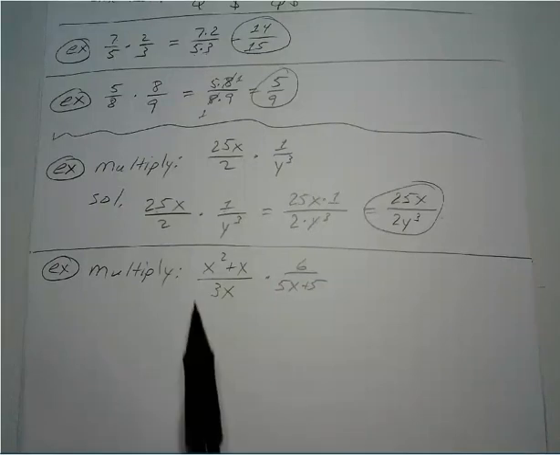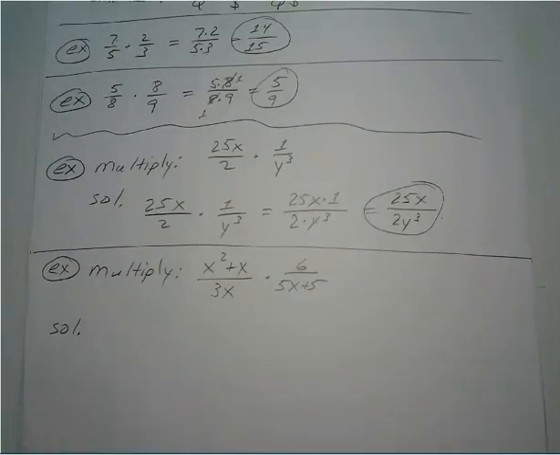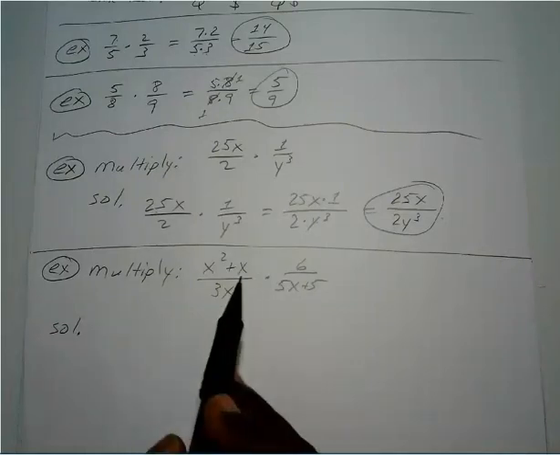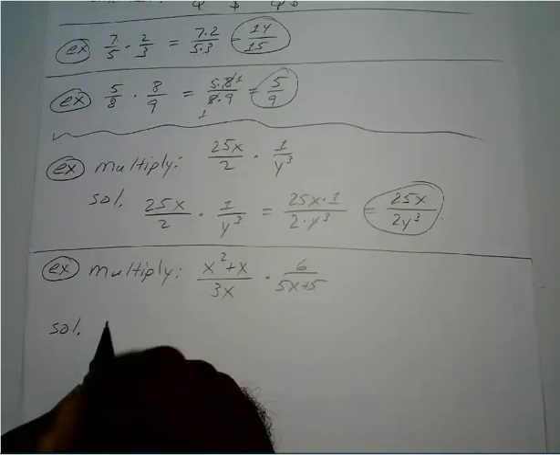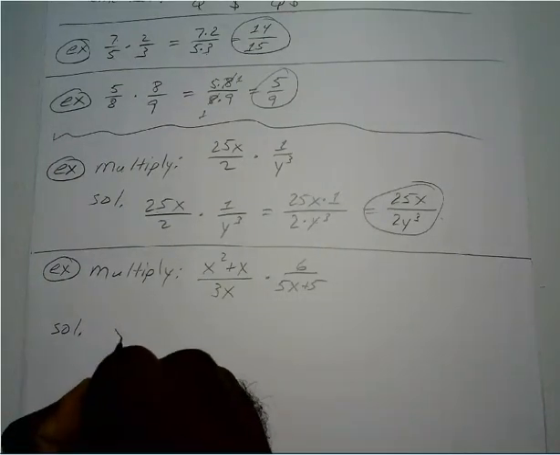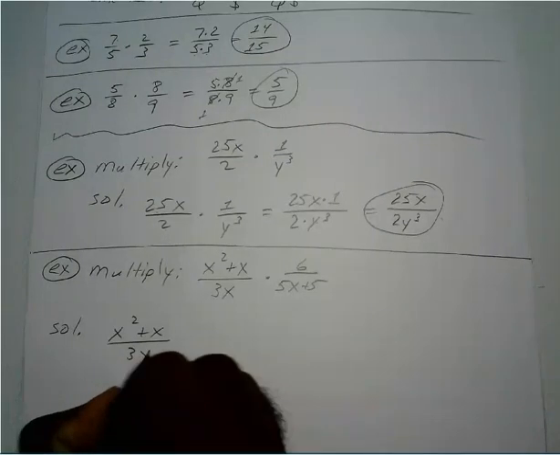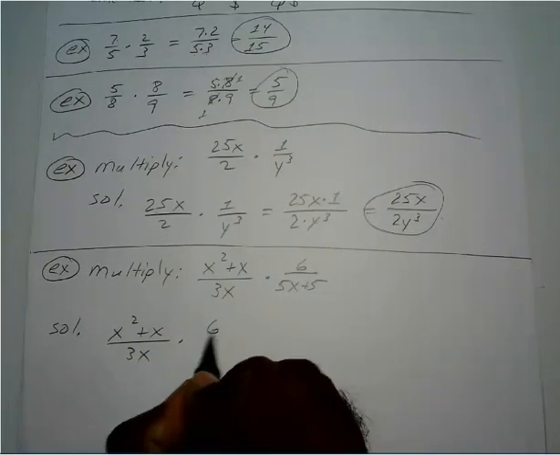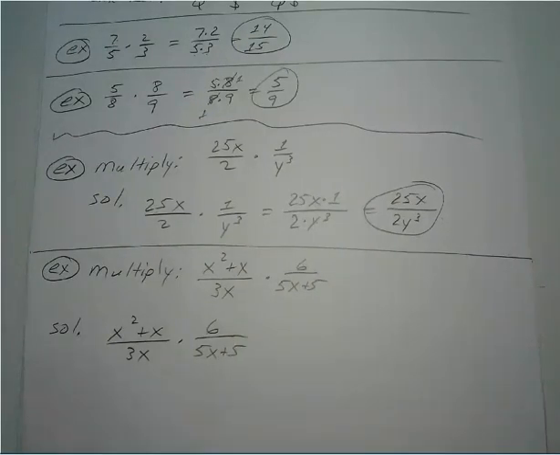Okay, so this one, the first thing you'd want to do is factor, because you can't factor anything out or cancel anything out if it's in this form. Okay, so we have our x squared plus x over 3x times 6 over 5x plus 5.